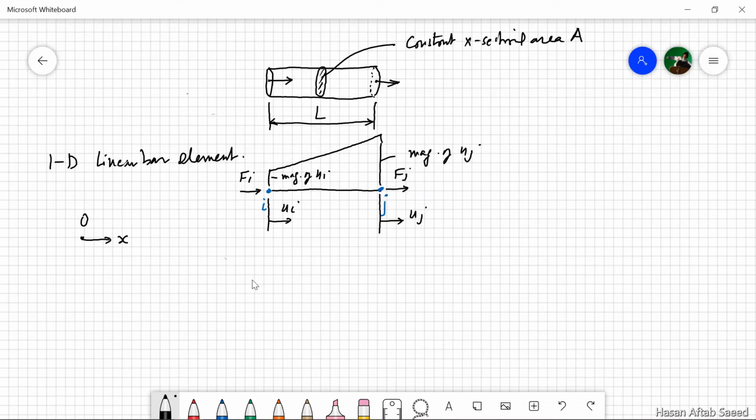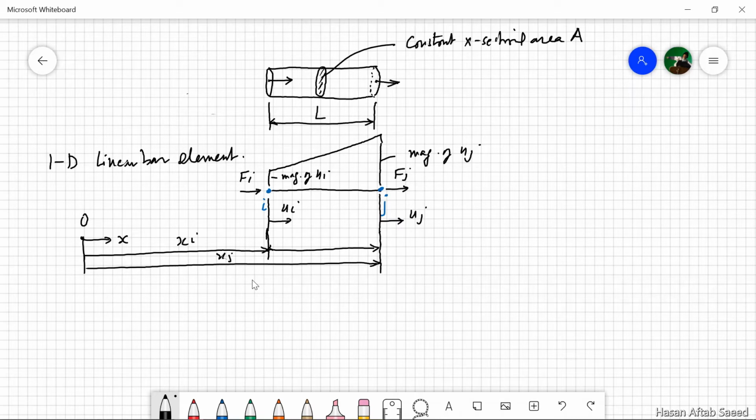Now because this is the origin, node I lies at a distance xi from the origin, and node J lies at xj, which means that xj minus xi is the length.